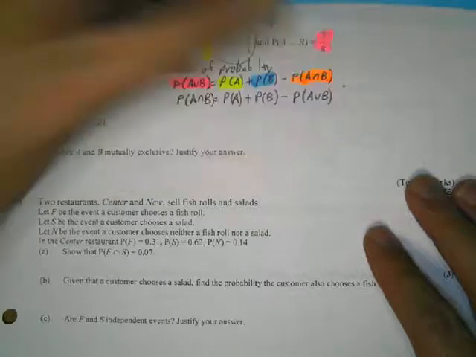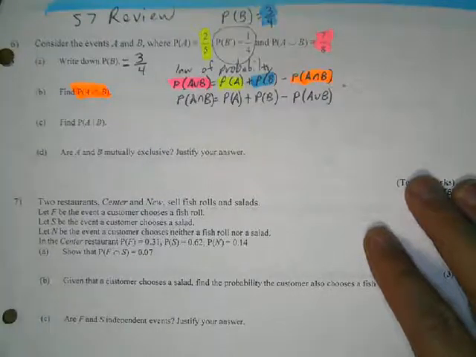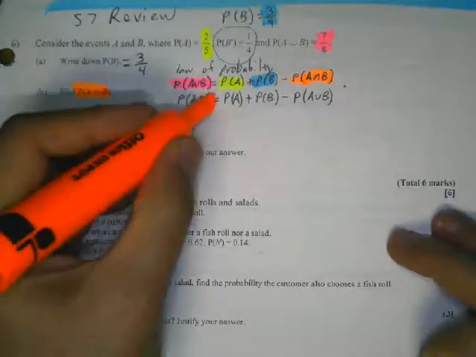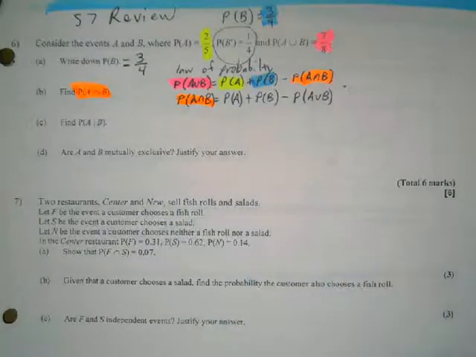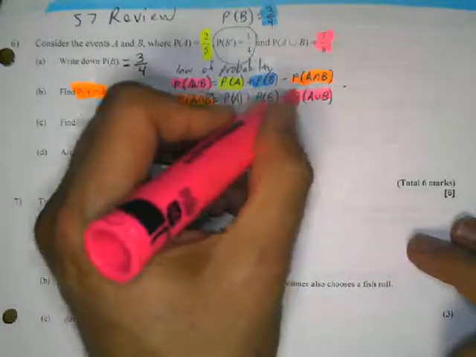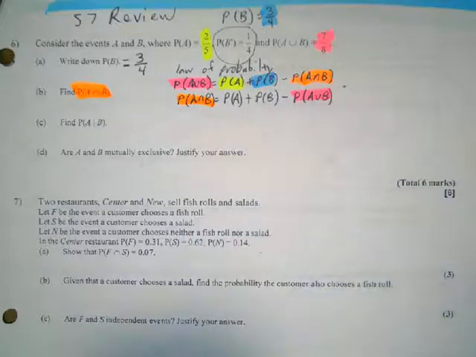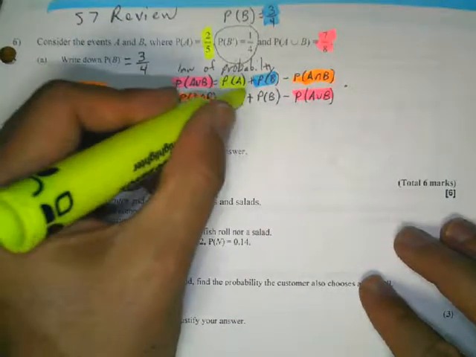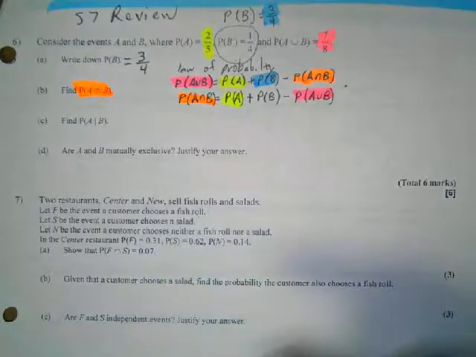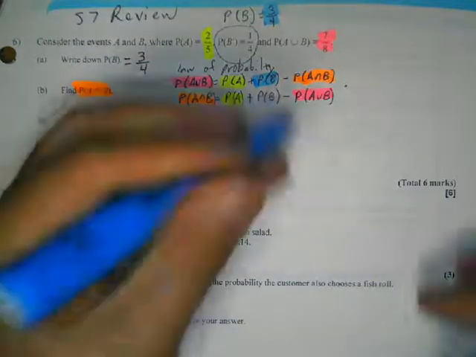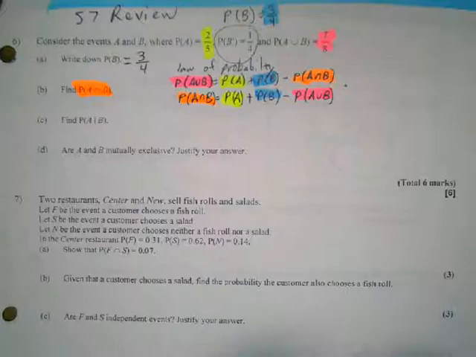You may want to hit pause and think about that for a second. We added the orange one on both sides of the equation. We subtracted the pink one on both sides of the equation. Okay, so now we just substitute it in.